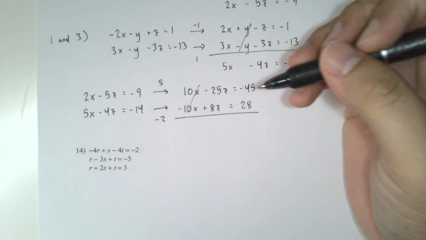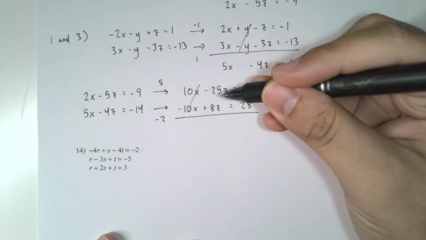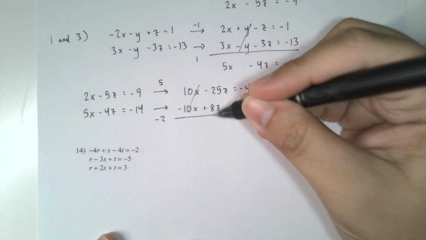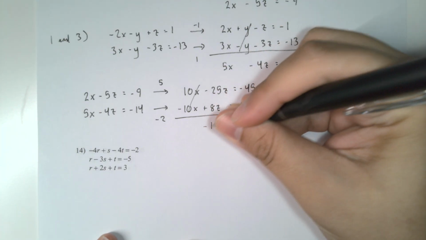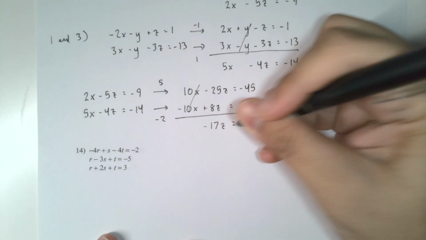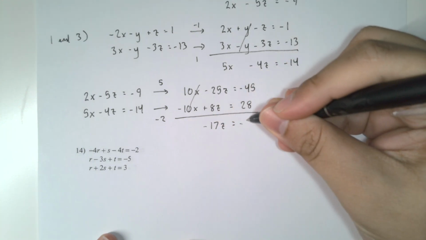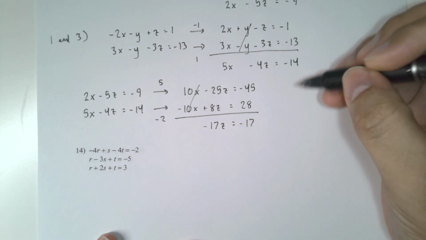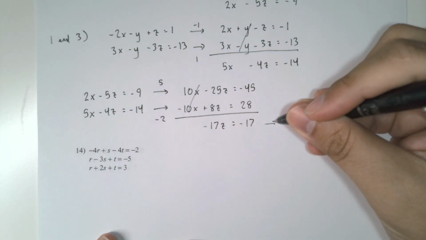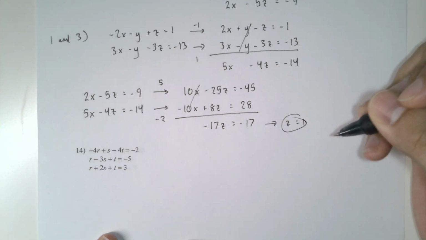Adding them together, the x's will cancel. We have -25z plus 8z, that's going to be -17z. And -45 plus 28 is thankfully -17. I was getting a little bit worried about that with some of these numbers, but that means that z is equal to 1.